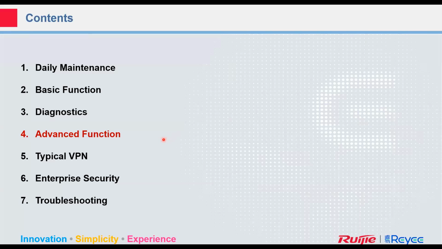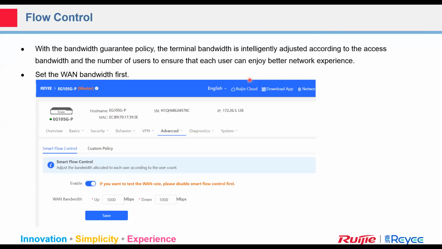Next, we move on to the advanced functions of the EG router. Here you can do bandwidth and flow control with the bandwidth policy. You can adjust the access bandwidth to make sure a number of users can enjoy a better network experience.